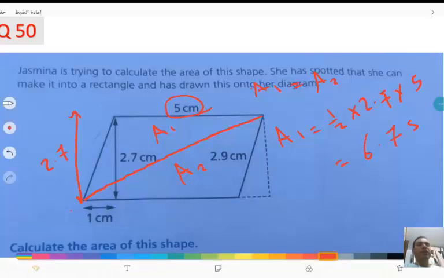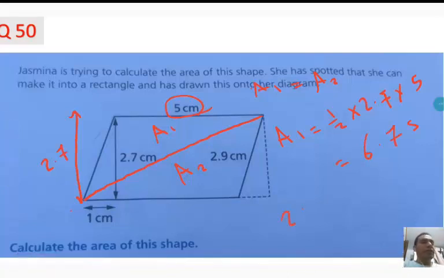This is the area of the triangle A. Then the area of the new shape, the new parallelogram, is 2 times 6.75, which is 13.5 centimeter squared. That's it.